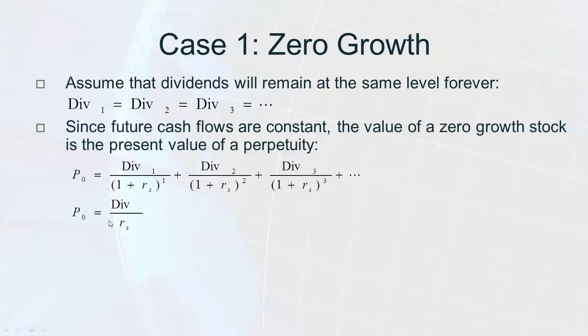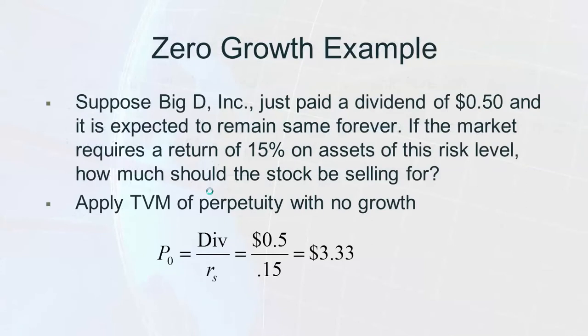Let's look at this example. Suppose this company just paid a 50 cents dividend and expects it to remain the same forever, and the required rate of return is 15%. What should be the price? Let's use the present value of perpetuity formula here.